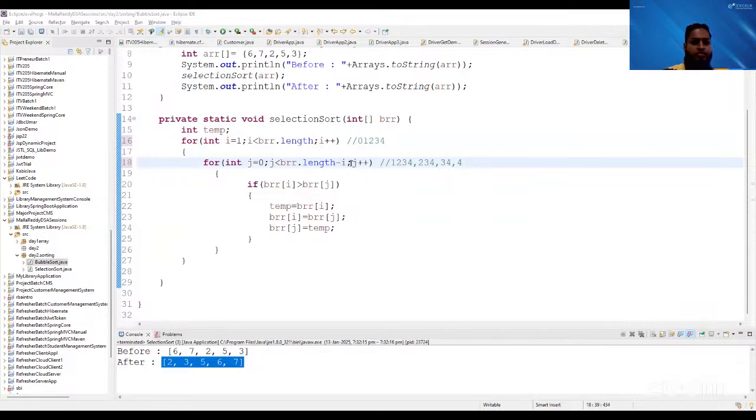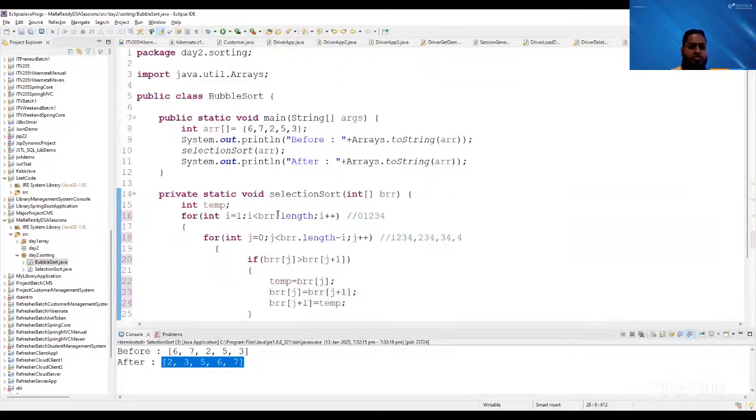And then j plus plus. And then what will we compare? We'll compare j with its neighbor and we'll swap that. So j plus 1 goes into j and temp goes into j plus 1. And we'll call the method as what? Bubble sort.